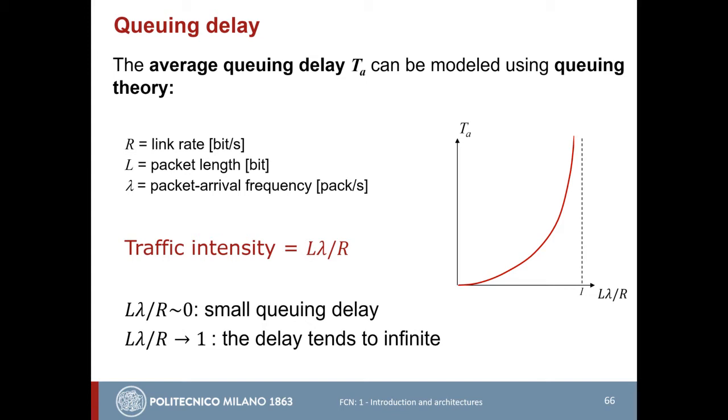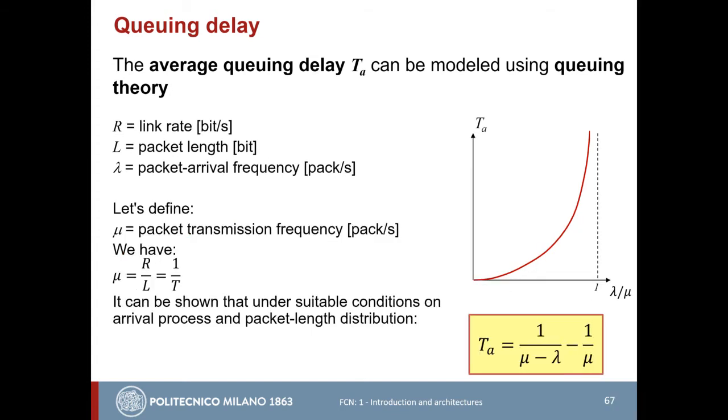When the arrival rate is larger than the output rate, the system is unstable, so you cannot even apply this. And the threshold is 1, when the arrival rate is equal to the rate at which packets leave the system.